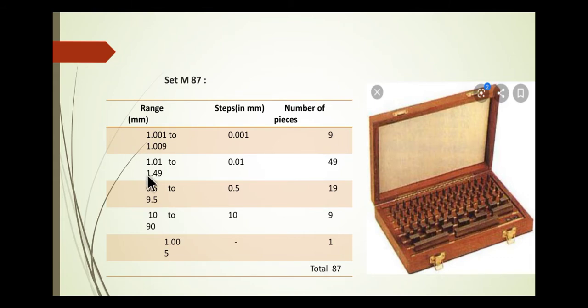In the second step, 1.01 to 1.49, steps 0.01, number of pieces 49, and range 0.5 to 9.5, steps required 0.5, and number of pieces required are 19. In the fourth step, 10 to 100, steps in mm 10, number of pieces required 9, and this total becomes 87, so it is called a set M87.